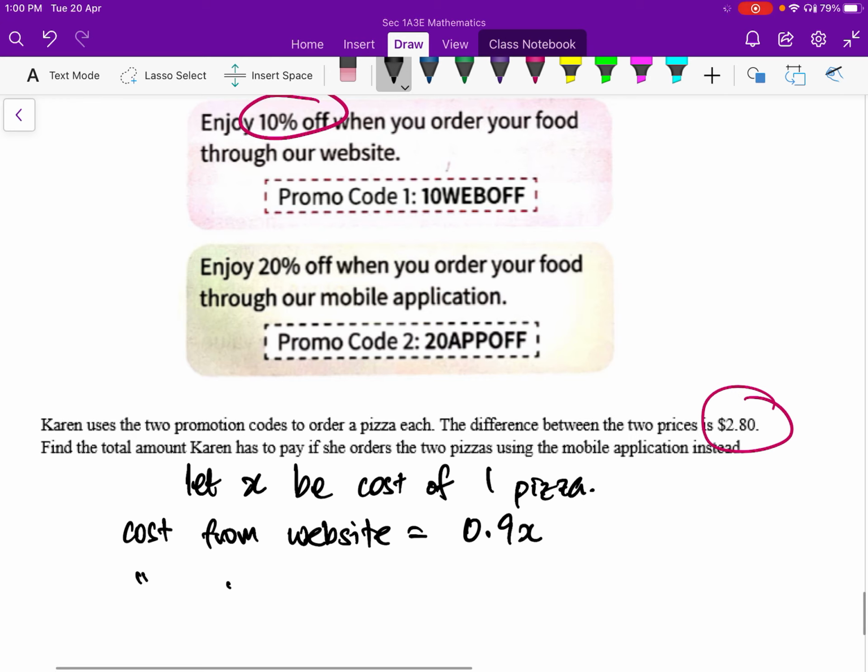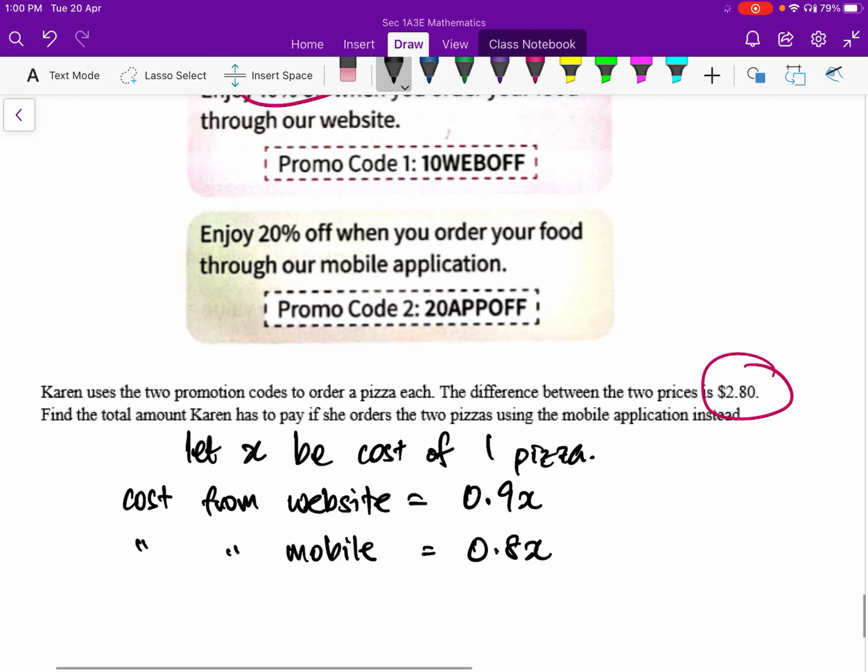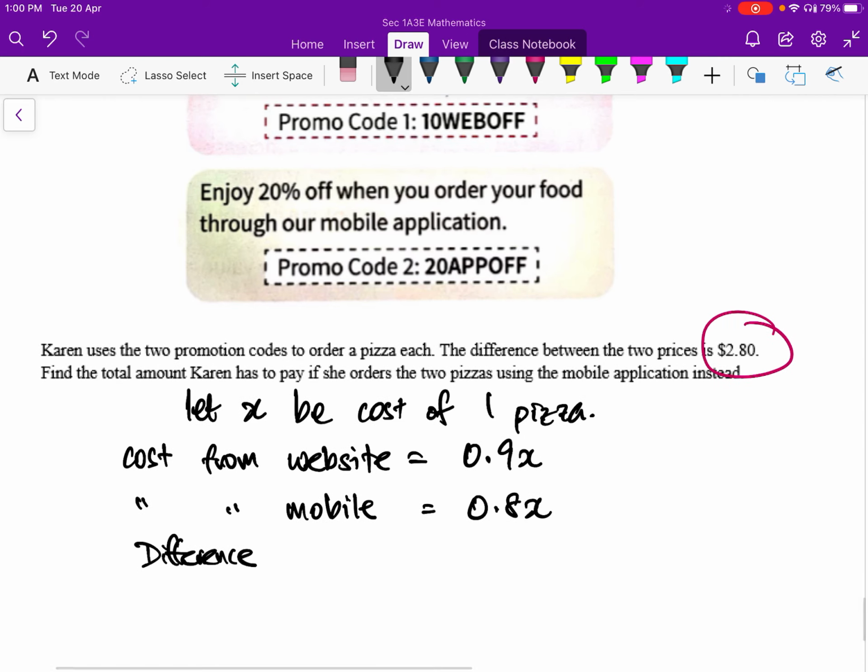Then the cost from the mobile application, 20% off, so 0.8x. The difference, they told us, is $2.80. So what is the difference? 0.9x minus 0.8x. That is the difference, and that is 2.80.